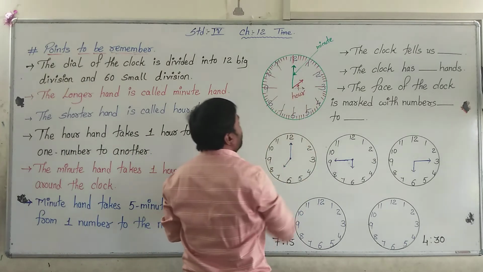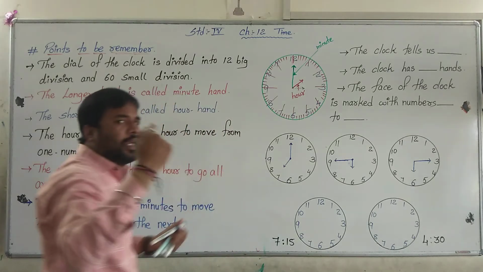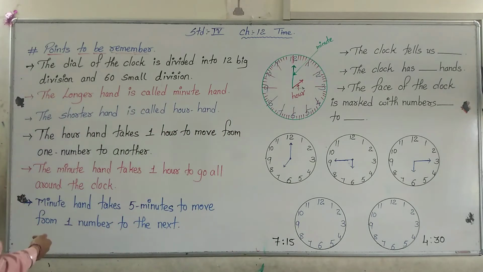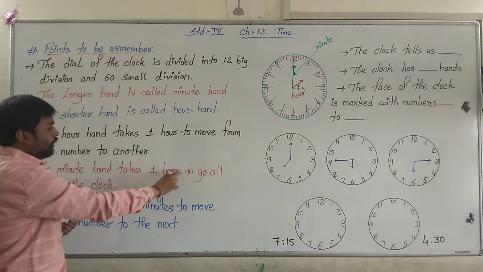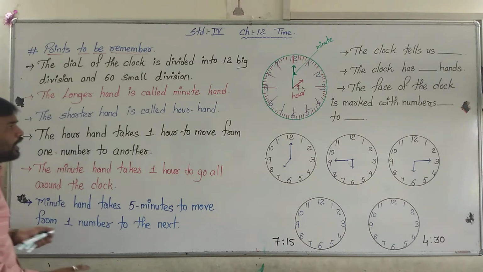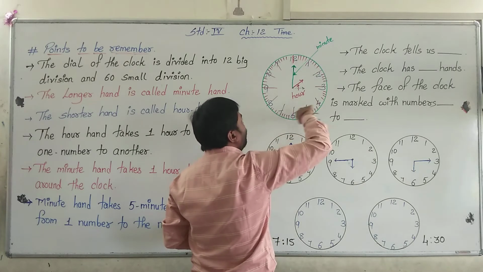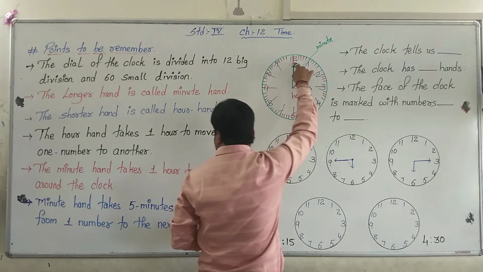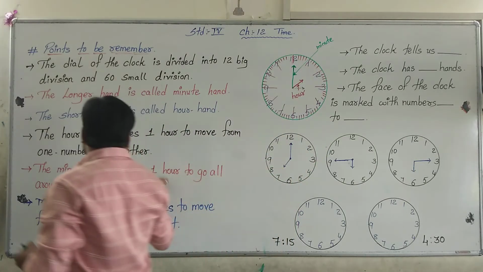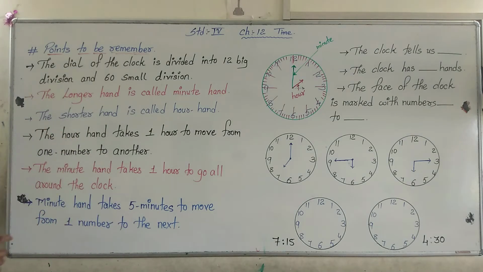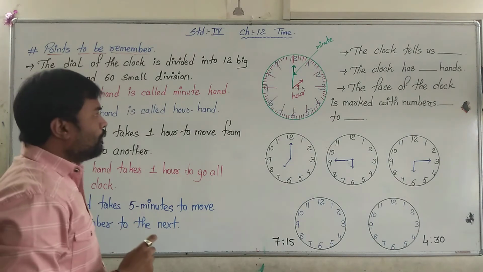The minute hand takes 1 hour to go all around the clock. A minute hand આખું પાછું ફરીને અહીંયા 12 પર આવશે. એના માટે બી એને કેટલા hours જોઈએ છે? 1 hour જોઈએ છે. સમજ પડે ને?